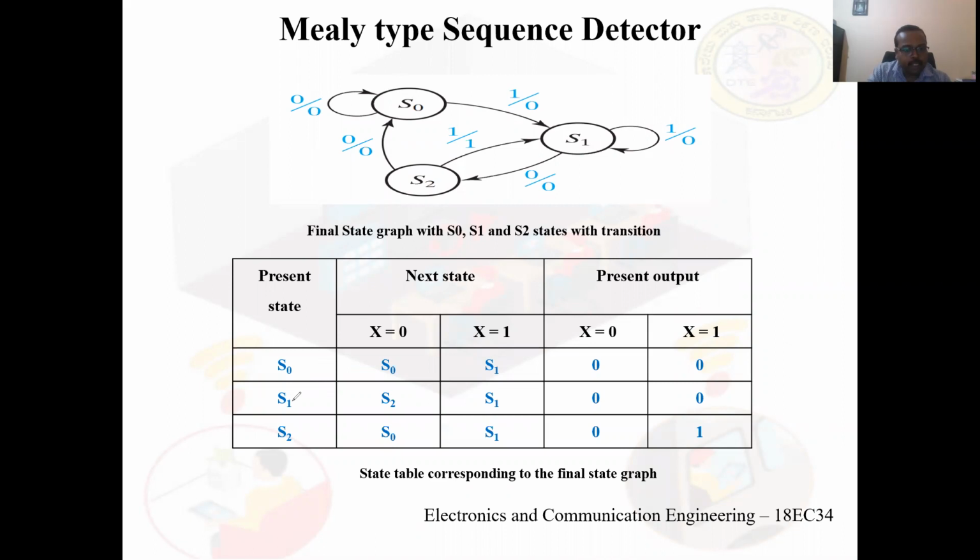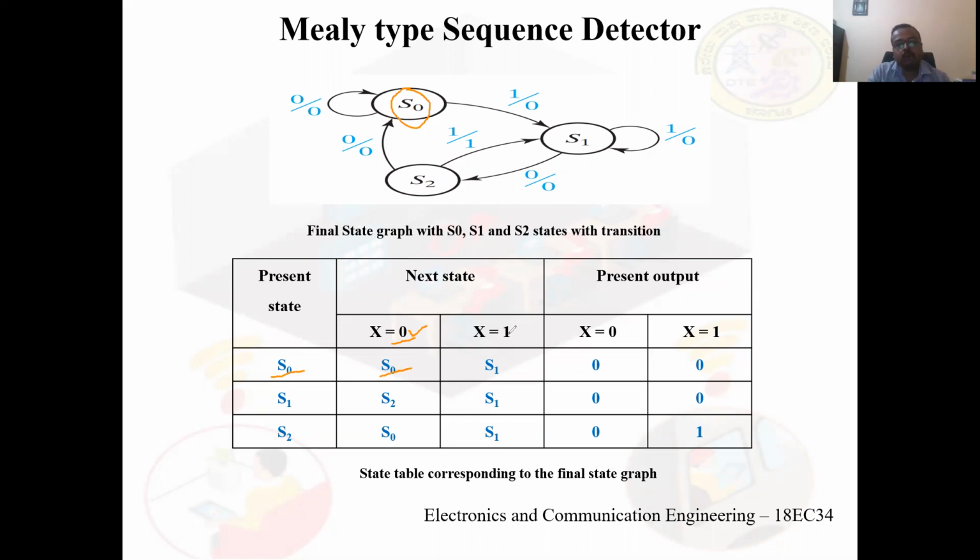Now the present state is S0 and the input x is 0. When the input x is 0, the next state is also equal to S0.